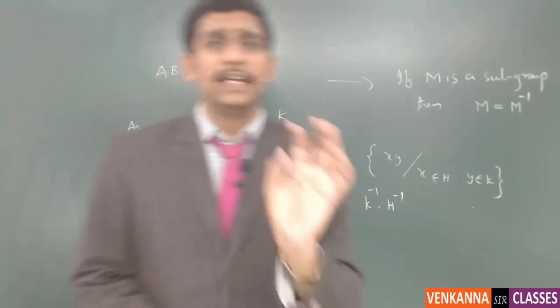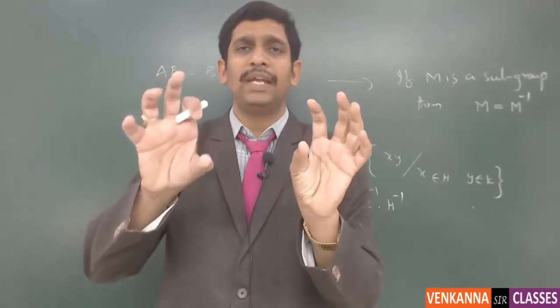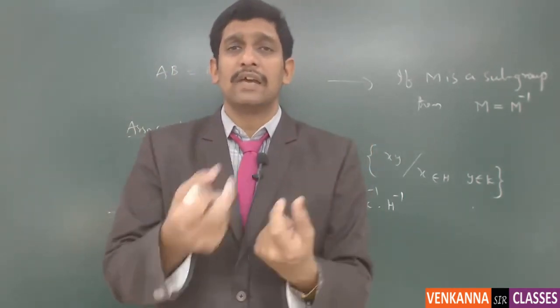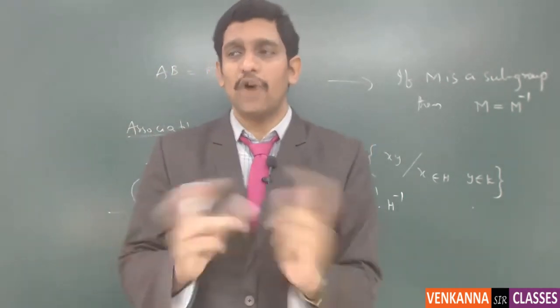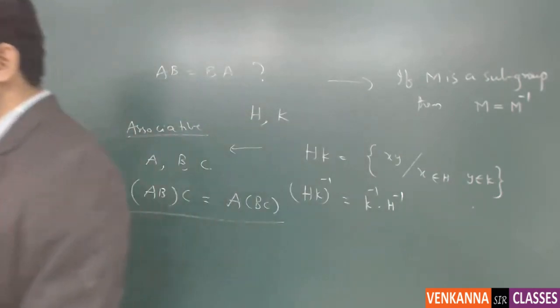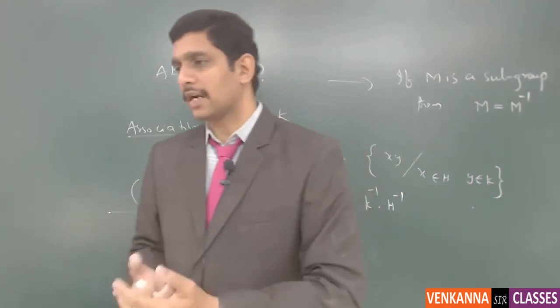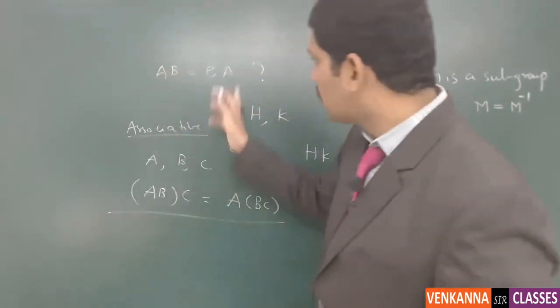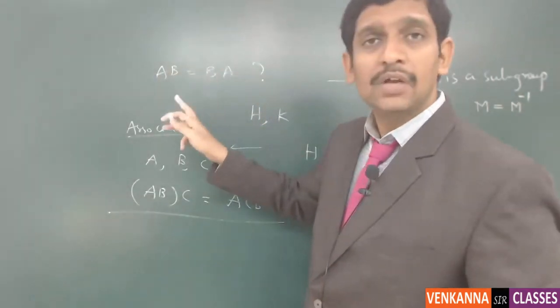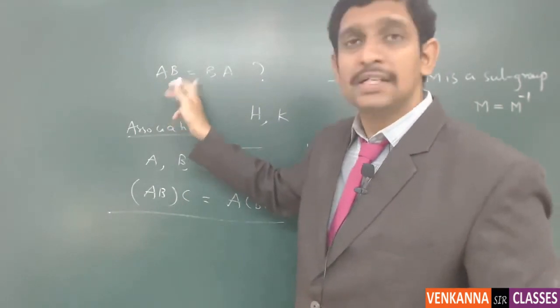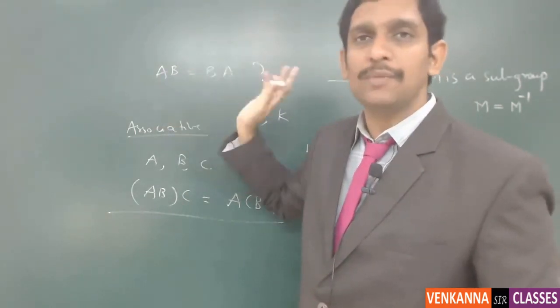Similarly, if you take A as a set of functions and B as a set of functions, is F circle G equal to G circle F always? It is also the same case. Sometimes it is correct, sometimes it is not. So if you talk of commutativity with regard to the multiplication of sets, sometimes it is possible, sometimes not.